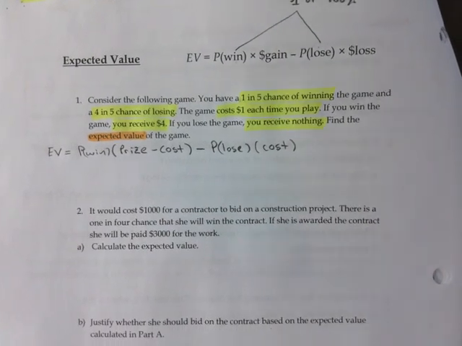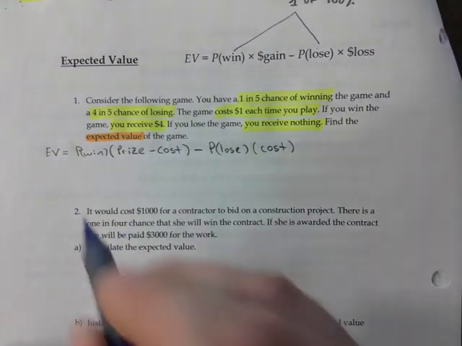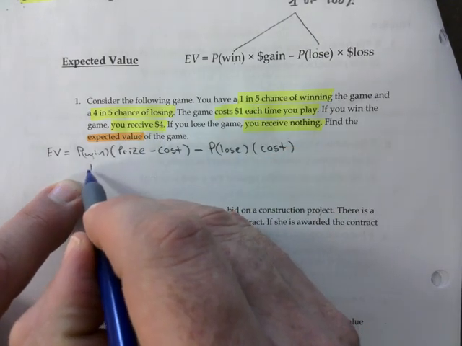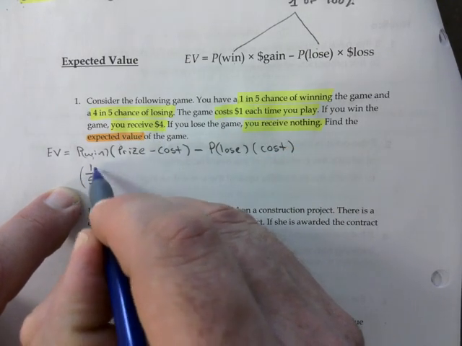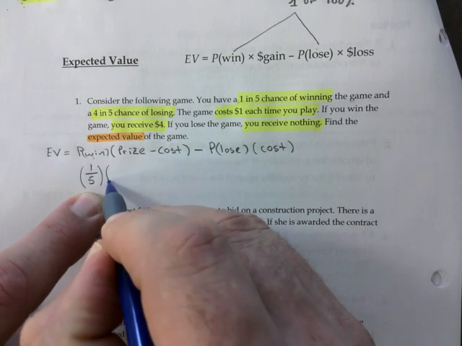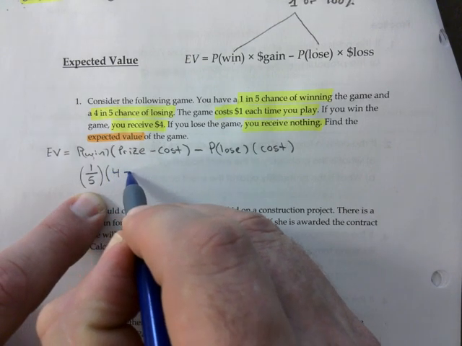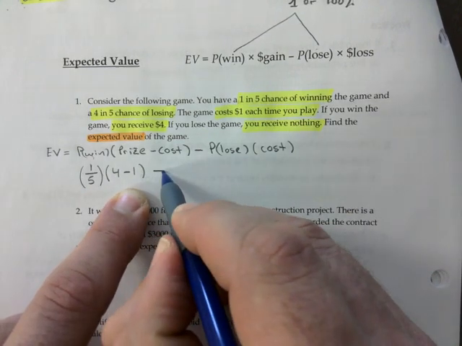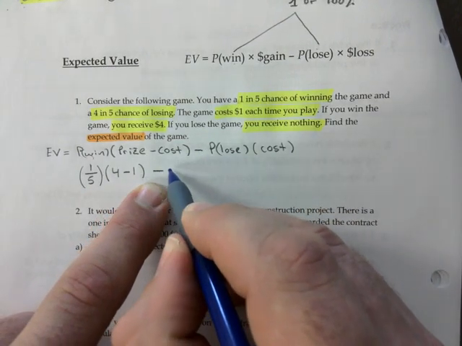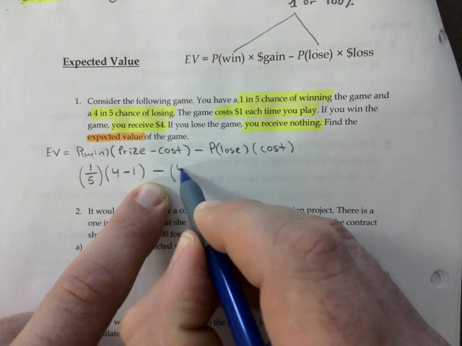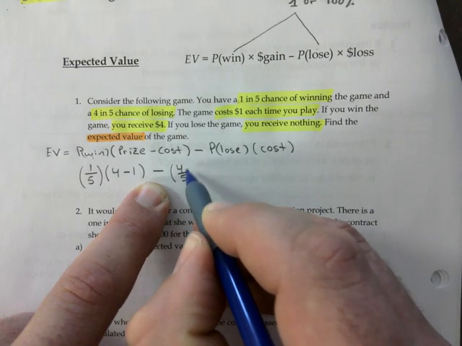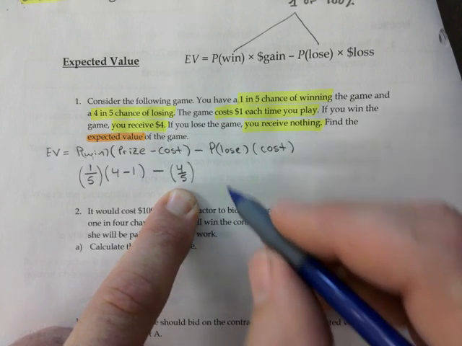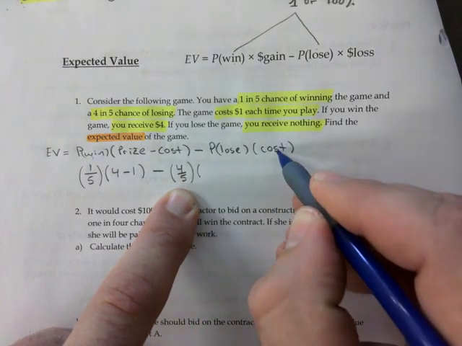You're basically making predictions here, okay? What's the probability of winning? 1 in 5. So we'll go 1 over 5 like this. The prize is 4, right? The cost is $1. Then we go minus. This comes here, right? Probability of losing. They were kind enough to tell me that, even though I could have figured it out myself. And what's the cost of playing?